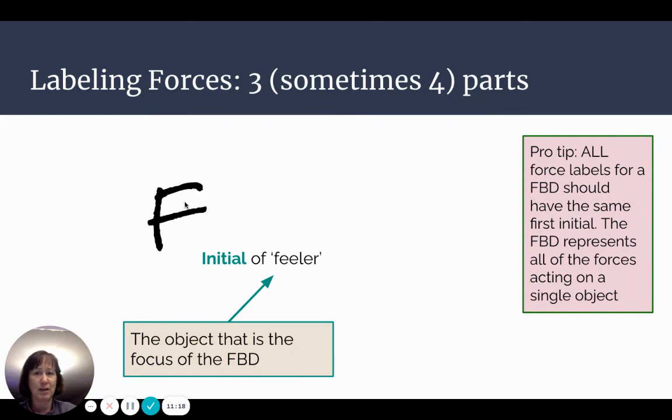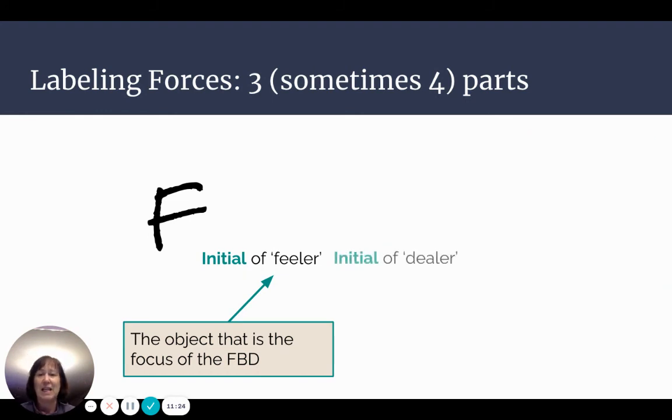So part 1, F; part 2, initial of the feeler, or the object that I'm doing the free body diagram for. The third part is the initial of the dealer. So what is the object acting on the object that is the focus of my free body diagram?